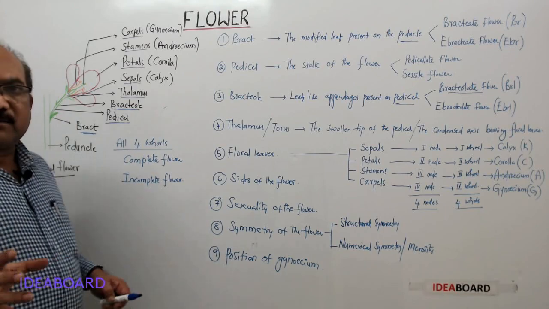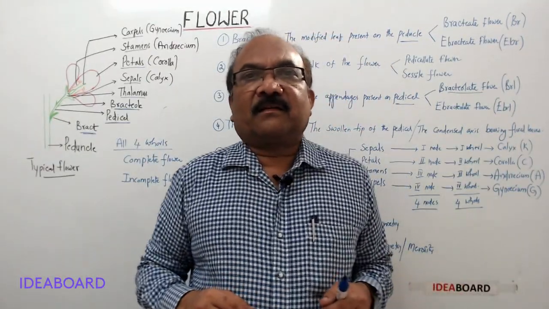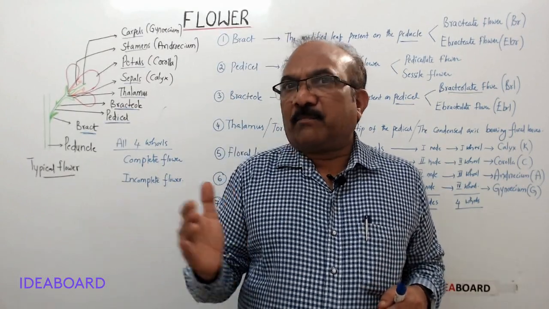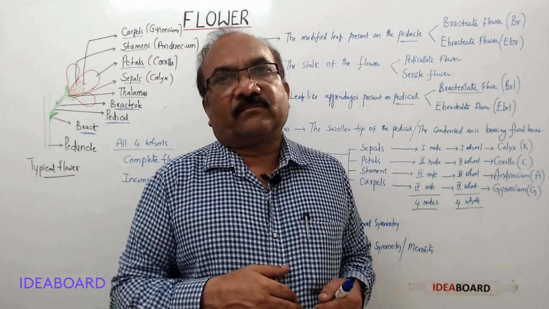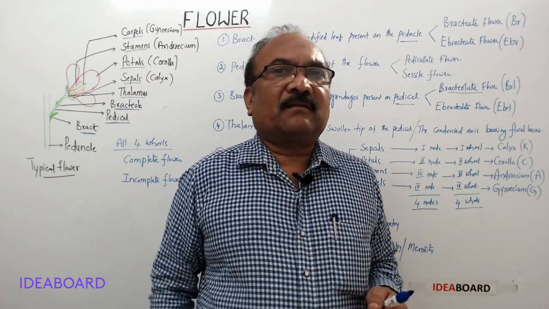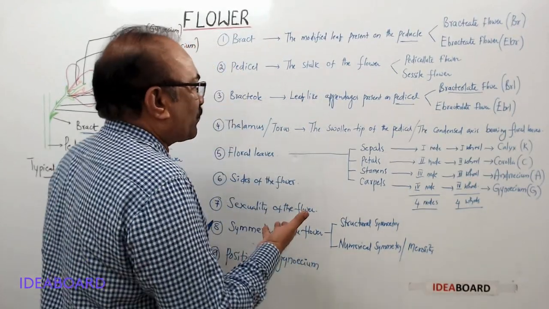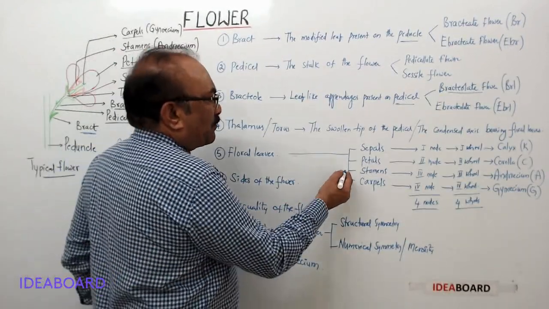And here also you have to understand one statement. A tricky statement is there. That is, all complete flowers are bisexual, but all bisexual flowers need not be complete. I hope you're understanding. You see, complete flower means all four whorls. In that, the stamens and carpels will be there.